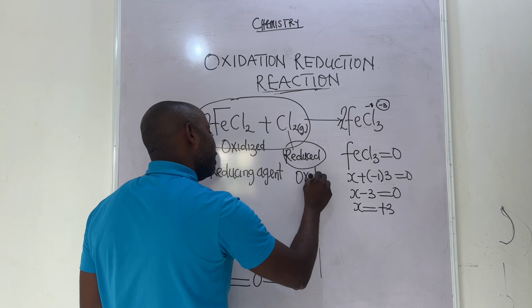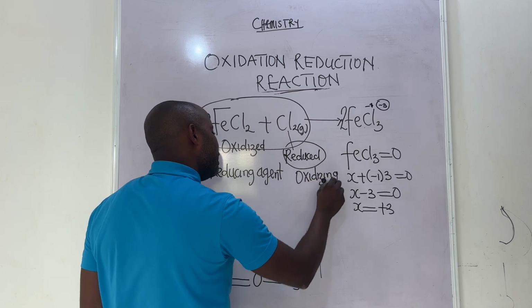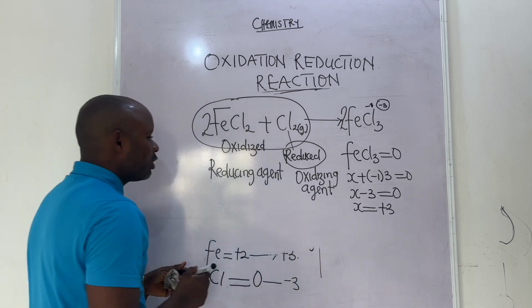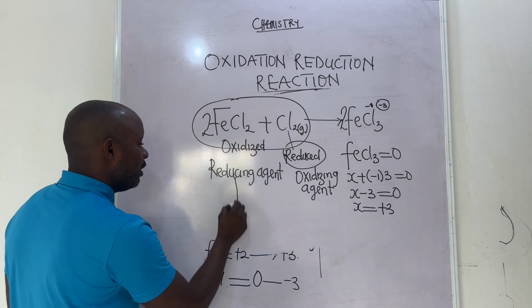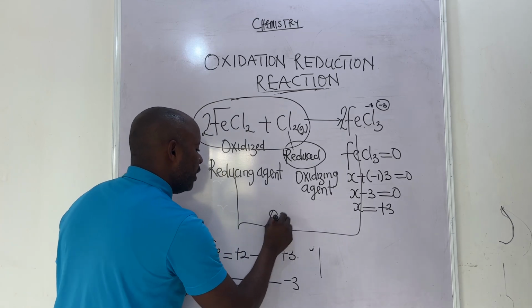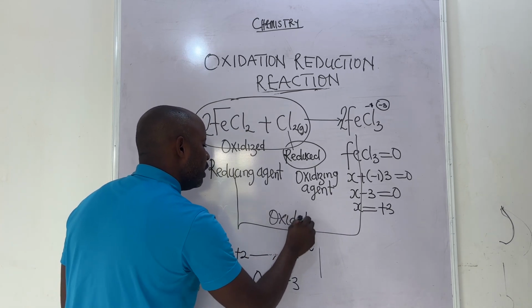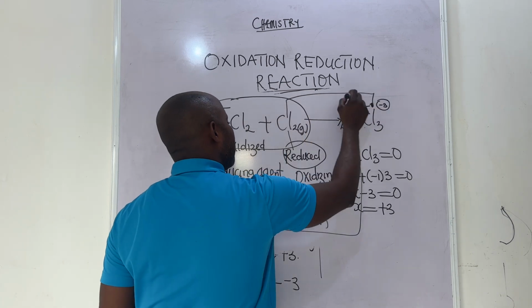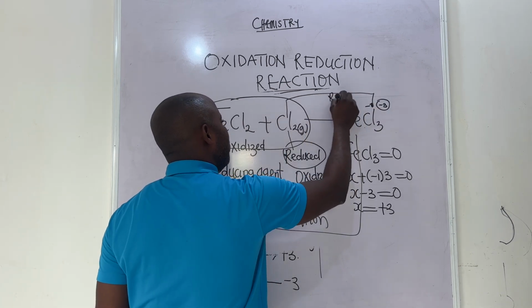Oxidizing agent. So by so doing, we said from here to this, undergoes what is known as oxidation reaction. While this to here, undergoes what is known as reduction reaction.